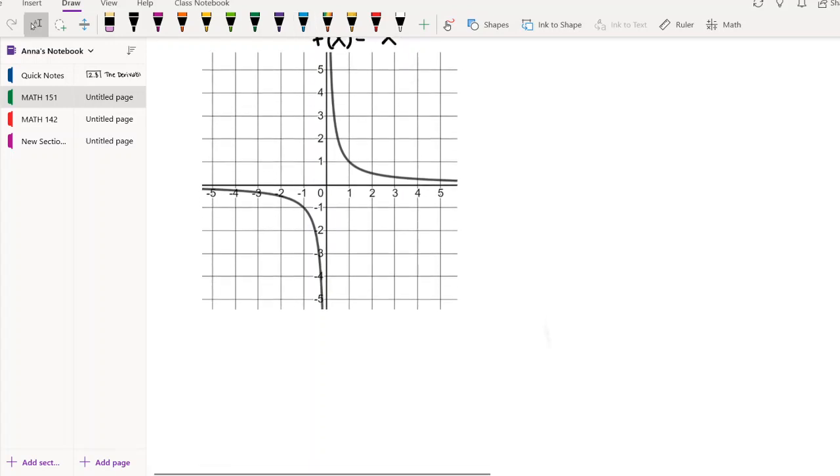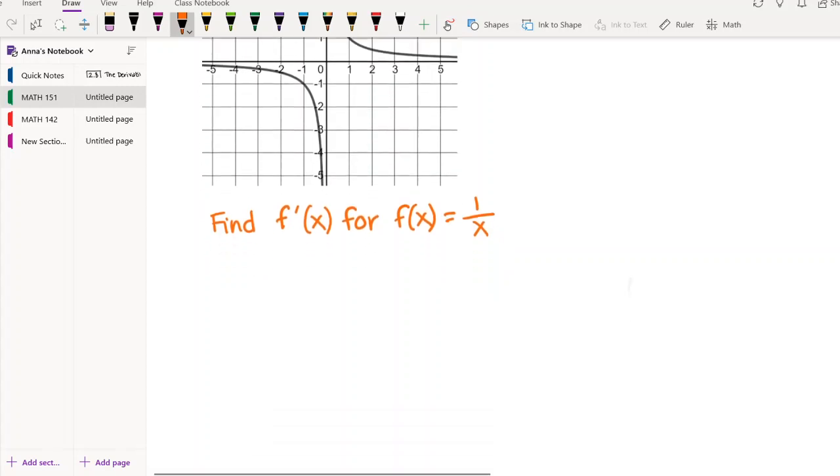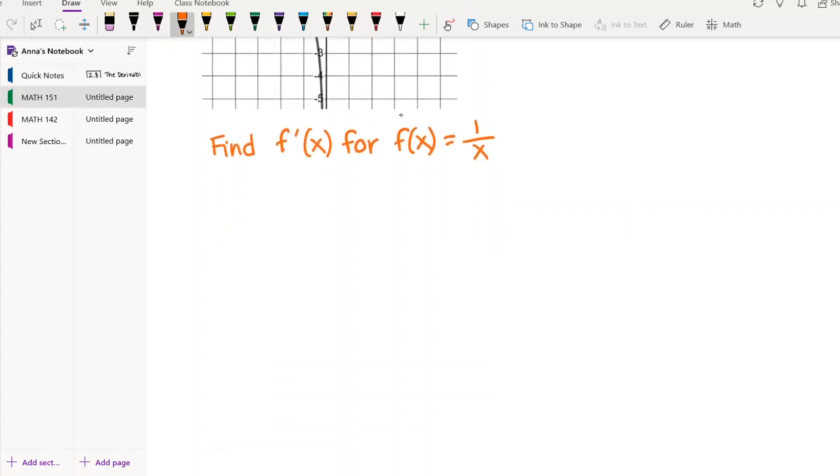We are going to find f prime of x for f of x is equal to 1 over x. Okay, so how are we going to do this? We're going to use that limit definition.